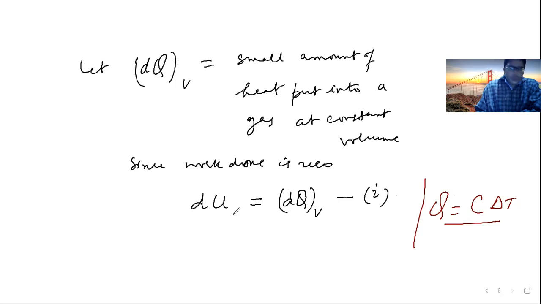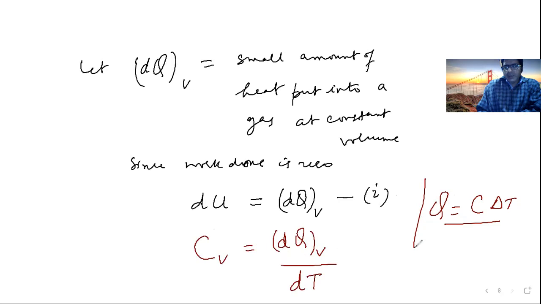Now using this relation, I can write Cv is dq subscript V over dT. C is heat put in the system divided by temperature change in the system.